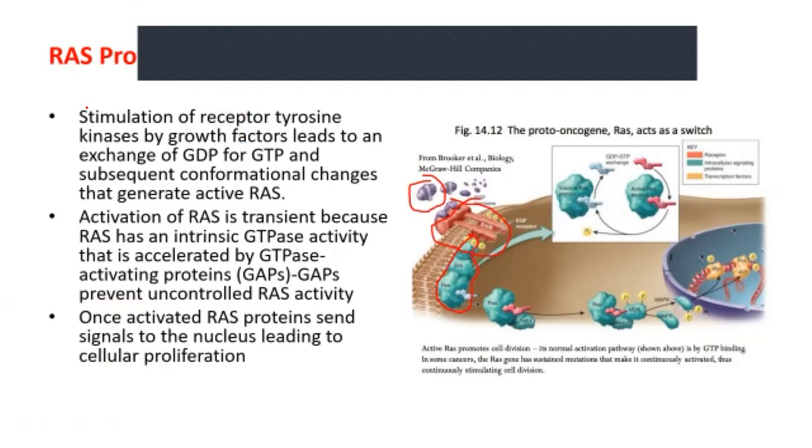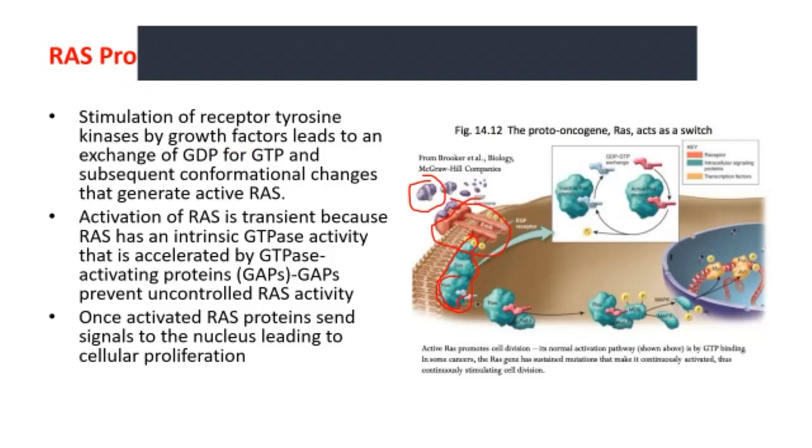The activation of RAS is transient because it has intrinsic GTPase activity. Now remember, how is RAS activated? RAS is activated by exchange of GDP for GTP and subsequent conformational changes in the activated RAS. So inactive RAS is converted into active RAS.